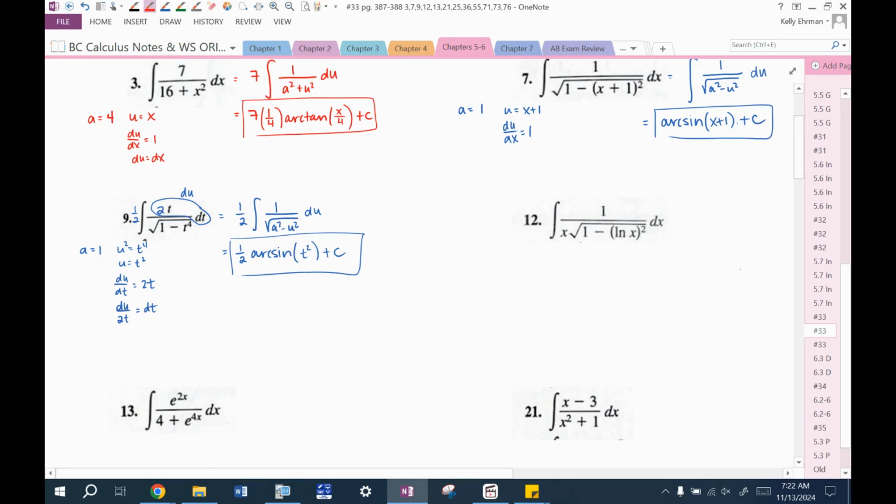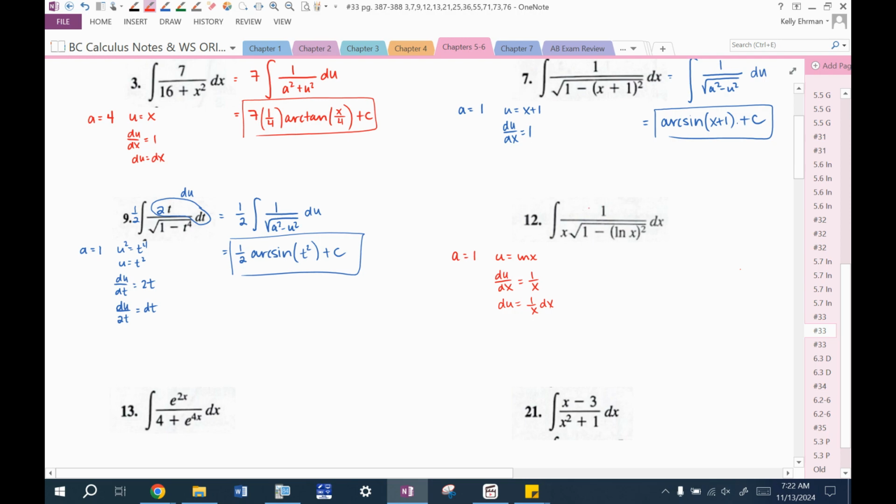For the next one, again, it's like, what is this x doing down here? But just go with which one you think it is. I think I see square root of a difference of squares, so I think it's arcsine, so set it up. a would be 1. u would be ln x, because that's the quantity that's squared. du dx is 1 over x. So that's why there's a 1 over x there, because du is equal to 1 over x dx.